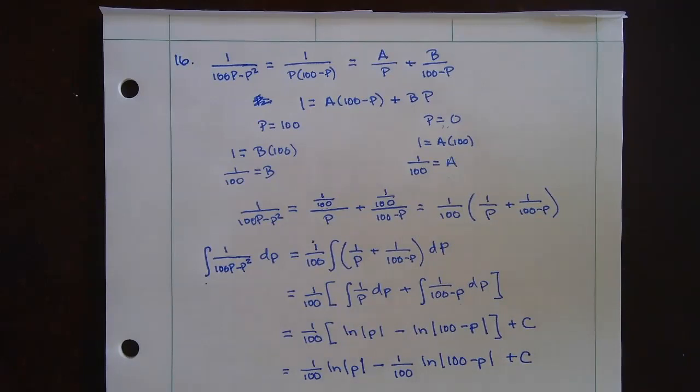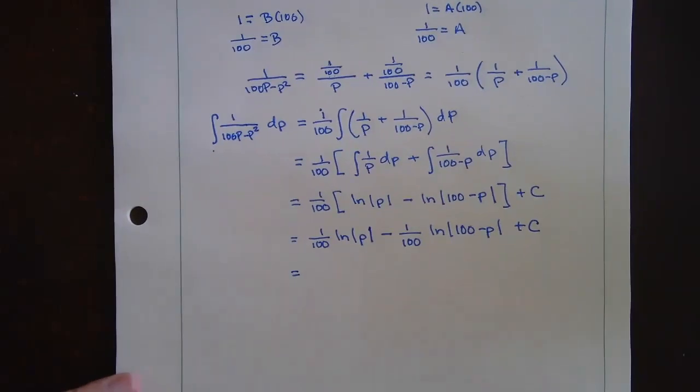Now, they're telling you at the very beginning that P is between 0 and 100, but not including 0 and not including 100. So that means we wouldn't need the absolute value on this, and this one also would always be positive. So we really don't need the absolute values.